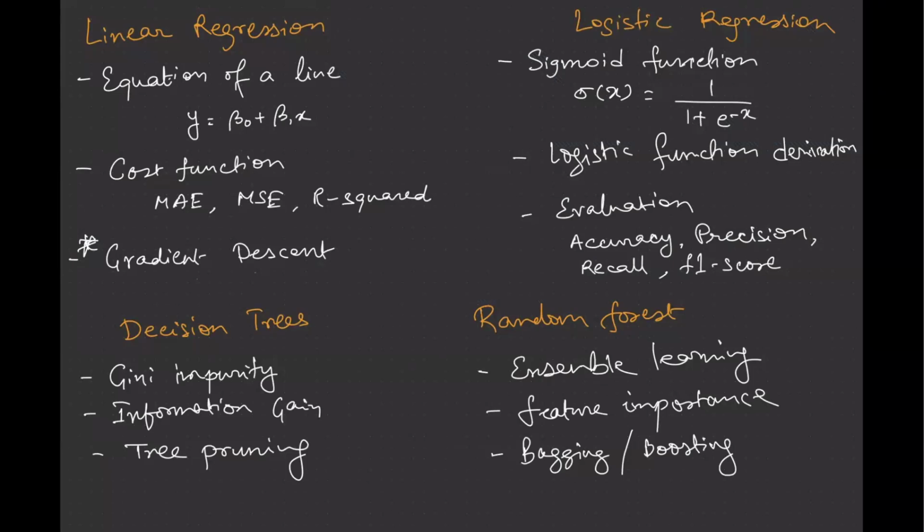Perfect. Thank you. So in today's class, we're going to learn about linear regression, logistic regression, decision trees, and random forest. And also one of the more important points which is there in the white right now is gradient descent. I'm going to talk a lot about gradient descent, and I'm going to show you why this is very important in optimizing a cost function. We'll come to that. So these are all the things that we'll learn today on the iPad with the math and everything.